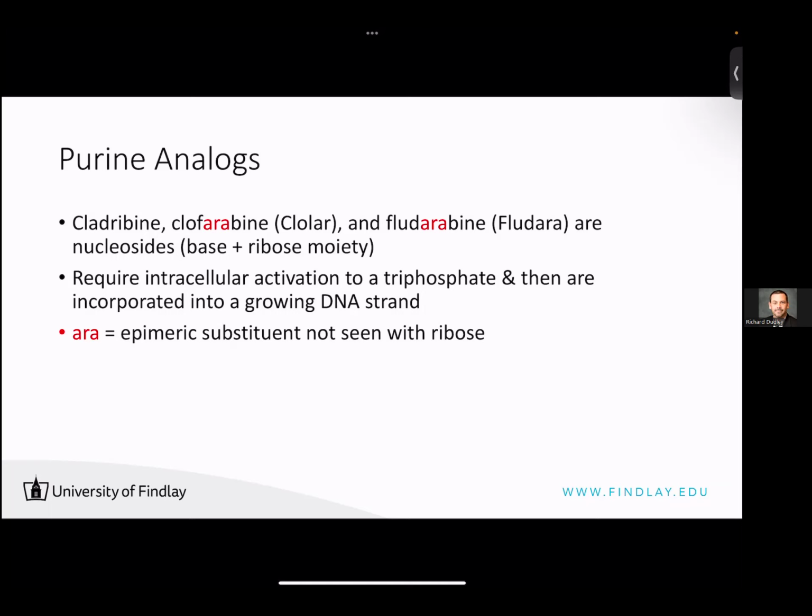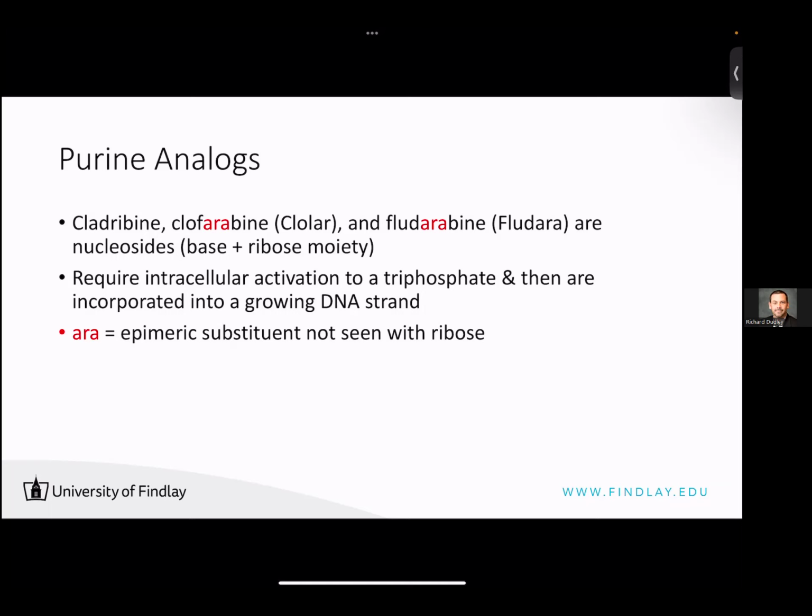Once inside the cell, through this nucleoside transporter, the drug will get phosphorylated a couple times to arrive at a triphosphate nucleotide. And then as the triphosphate, these drugs can actually get incorporated into a growing strand of DNA. And when they do so, they can interfere with the topology of DNA.